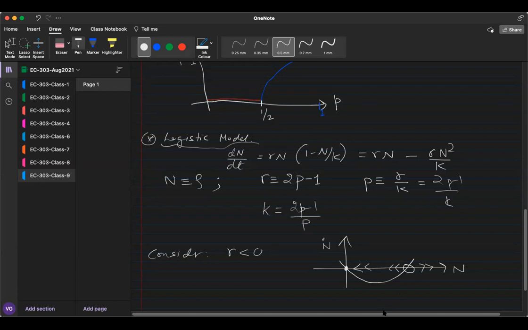It flows away, meaning the population size will increase. What do you think of this? Did you know this feature before? Had you noticed this feature of the logistic model with r negative? I vaguely remember somebody asking this question in the previous course. Isn't this a very weird feature? At least it's not biologically realistic.